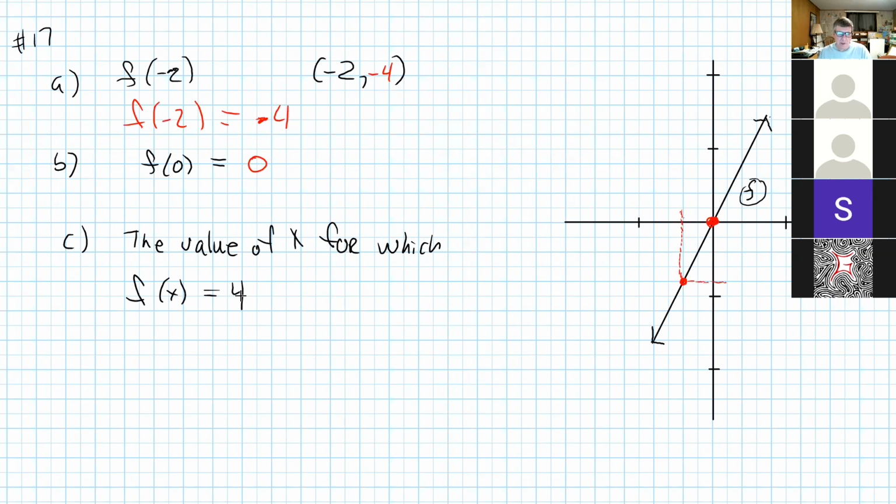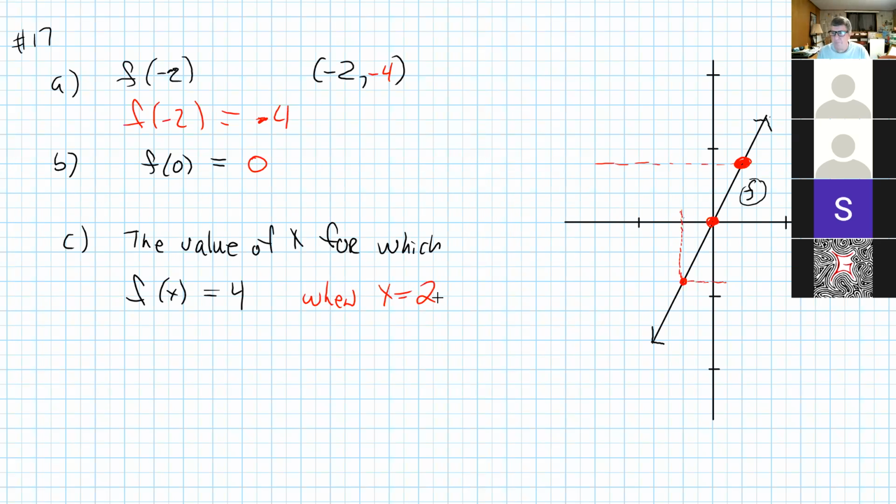So they want to know what value of x put into that function produces a y value of 4. So now let's look at the graph and find out when y is 4. Right there. So when y is 4, what is x? 2.